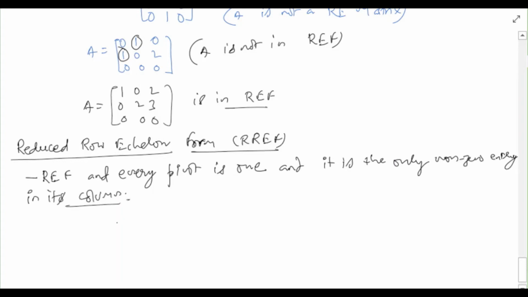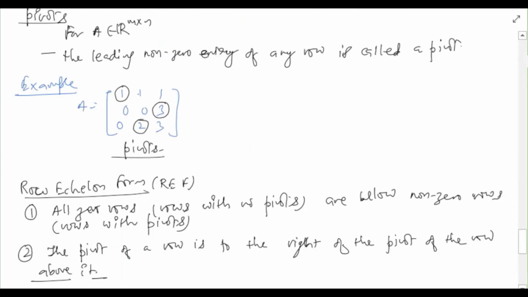In other words, the pivot columns are standard unit vectors. The columns of the pivots are called pivot columns. For instance, in this matrix A, all three columns are pivot columns.